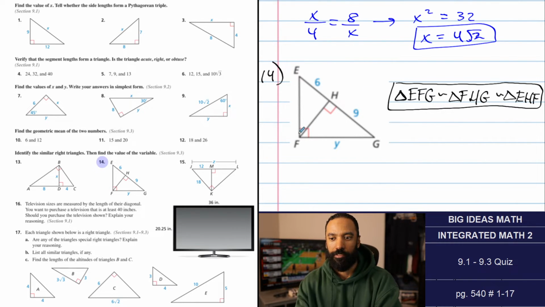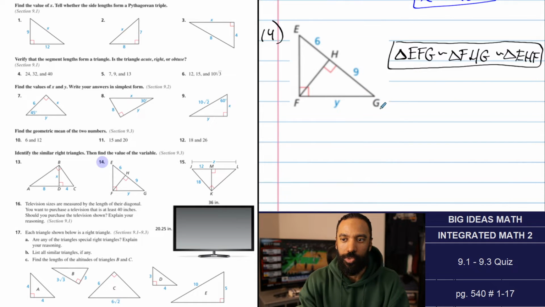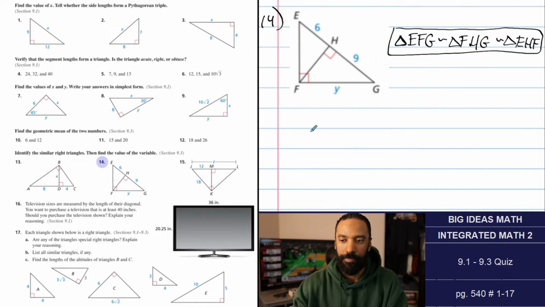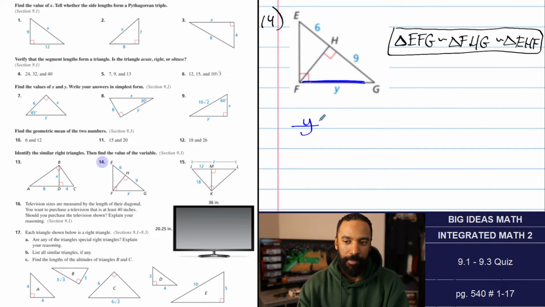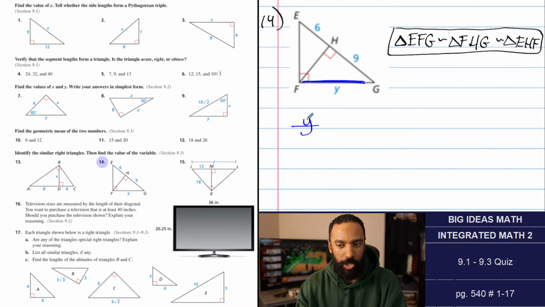Y. I have to solve for Y. Now, Y represents two different things in two different triangles. Y can represent, for example, the long leg of the big triangle. Now, I want to divide Y by something that would correspond, either something else in the big triangle or a long leg in another triangle. The long leg in the medium triangle is 9.